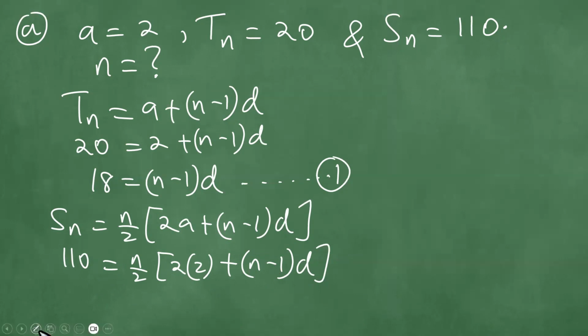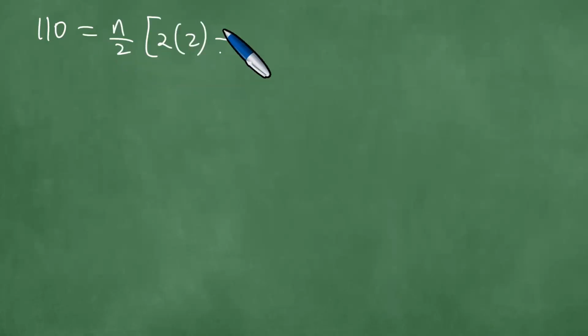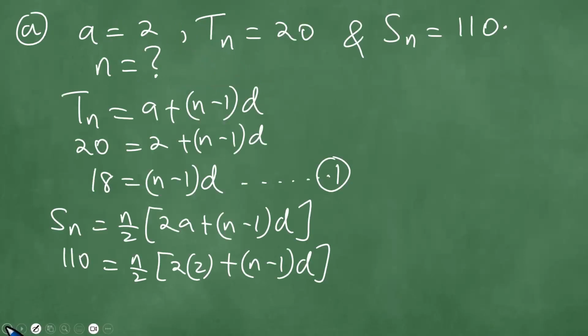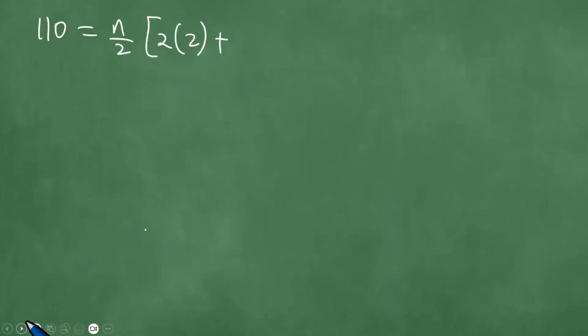So what do we have? 110 is n over 2 into twice this plus this.